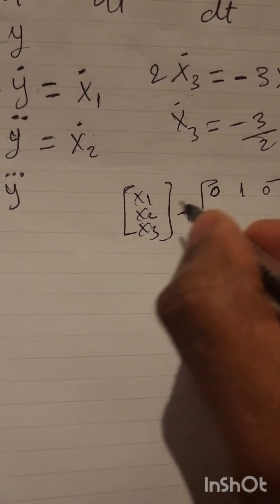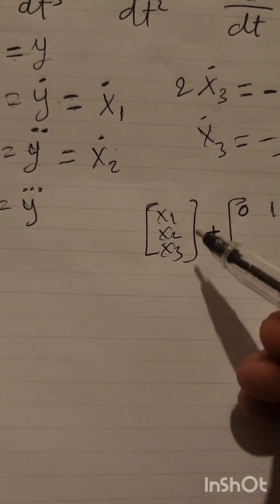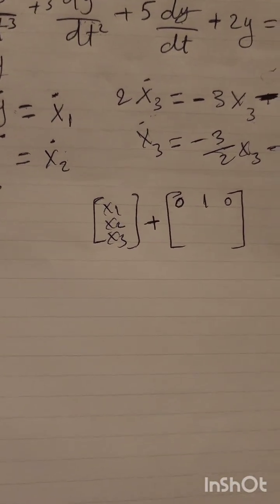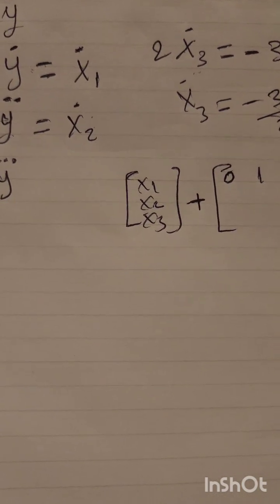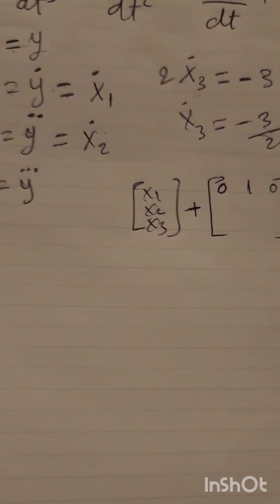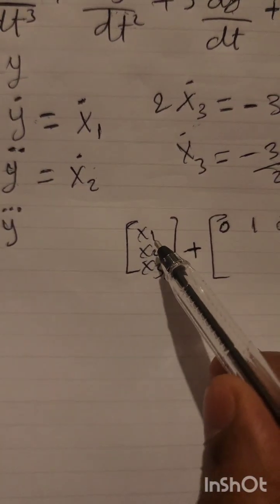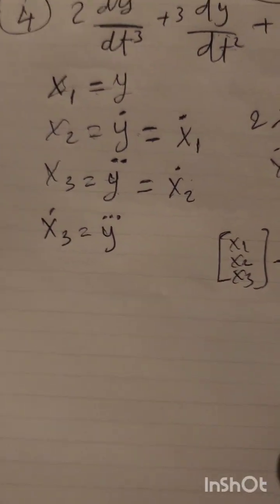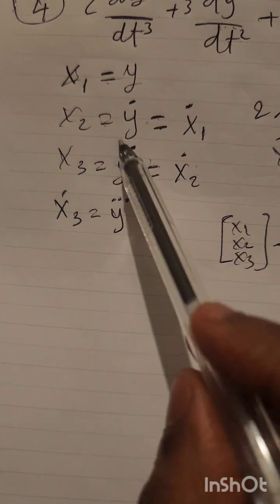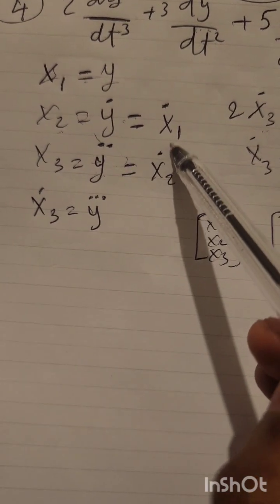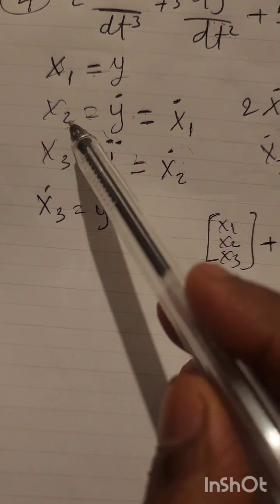Why there is 1 here? Because we have x1, the first derivative of x1 is equal to x2.